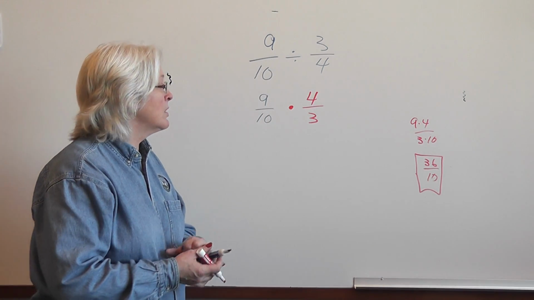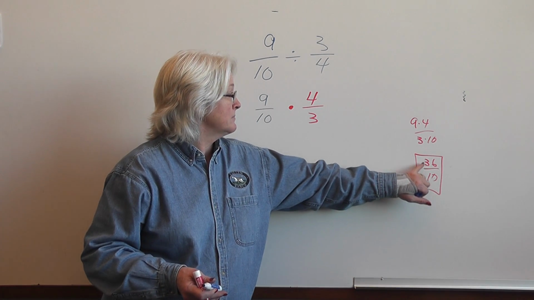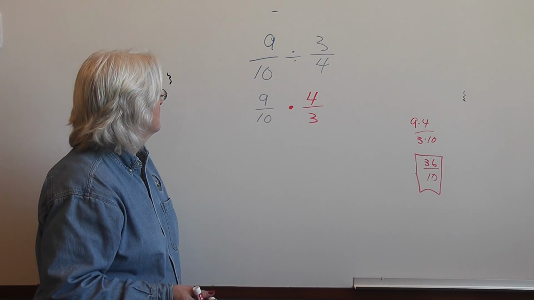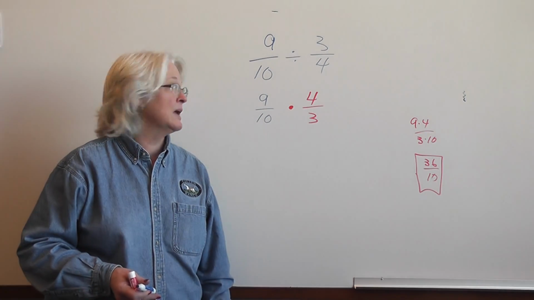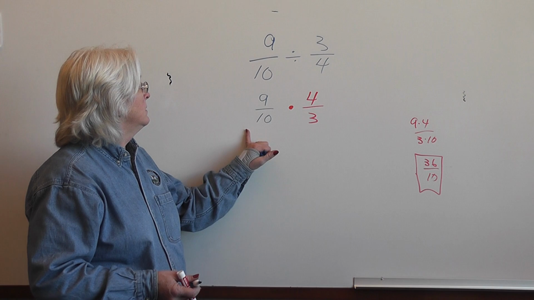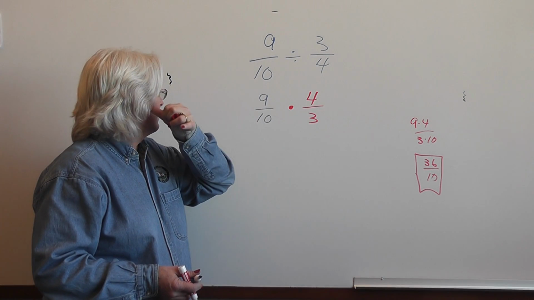No, it's not, because we have common factors here. So what common factor do we have that we can reduce? 10 times 3, 9 times 4.